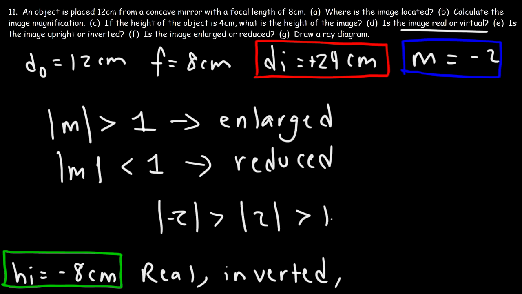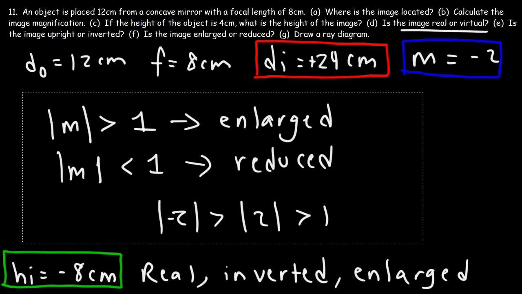And so that's greater than 1. And so we can say that the image is enlarged. And basically, you can compare the image height with the height of the object, and the image height is greater than the object. It's about twice as tall, just in the other direction. And so it tells us that the image is enlarged.